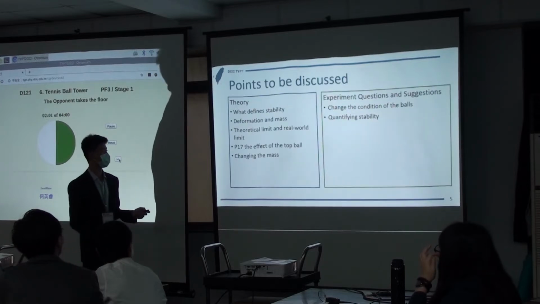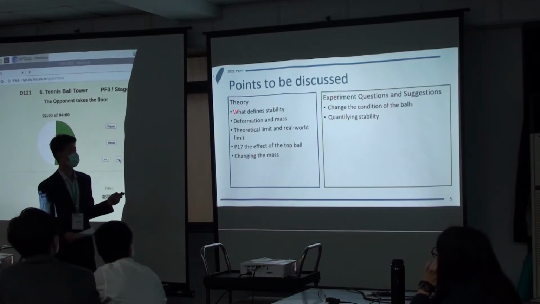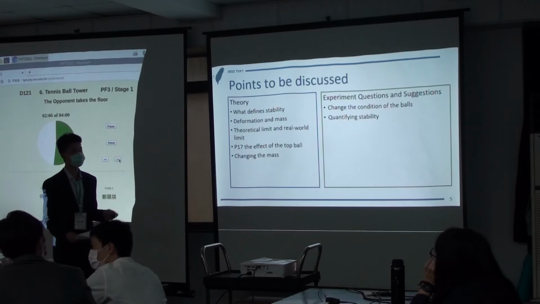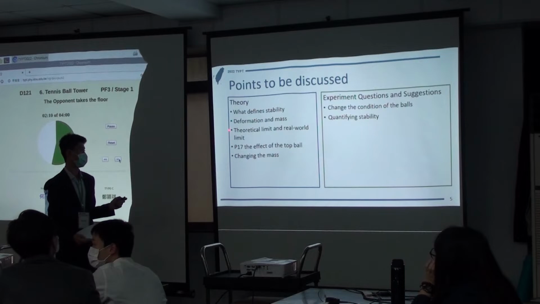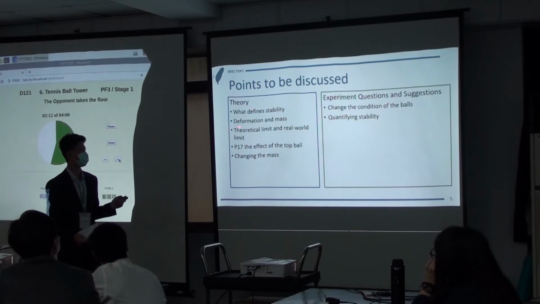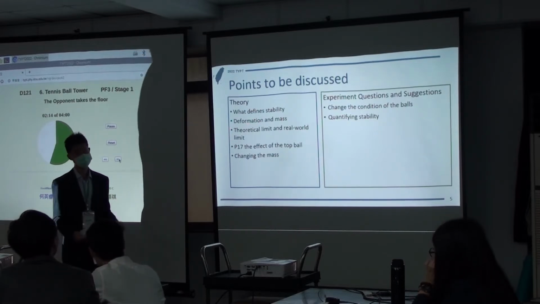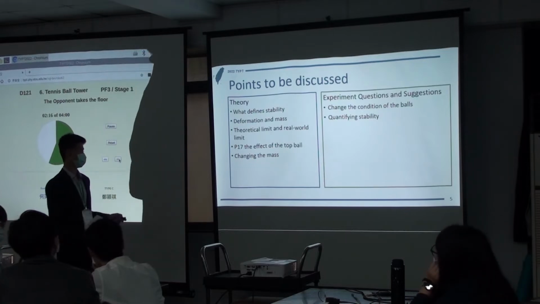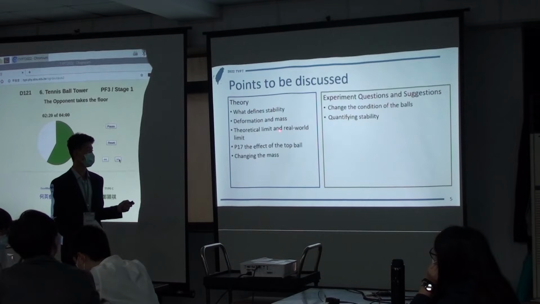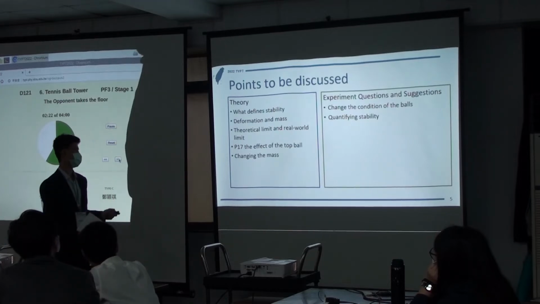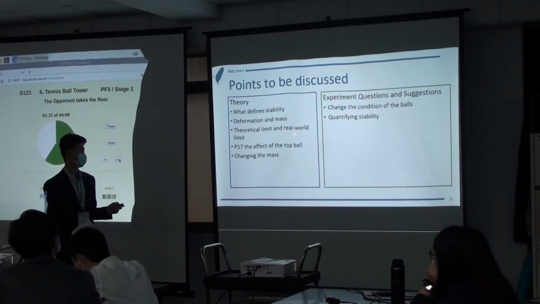And here are some points I want to discuss. First, I want to discuss what defines the stability, because in the reporter's report, there were 3 definitions of stability. And also, I want to discuss how mass and deformation will affect the structural limit and the stability. And then I will go over the theoretical limits and the real limits, asking the reporters what their view on this is.